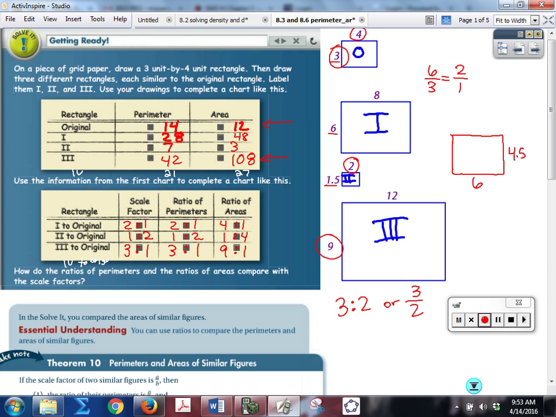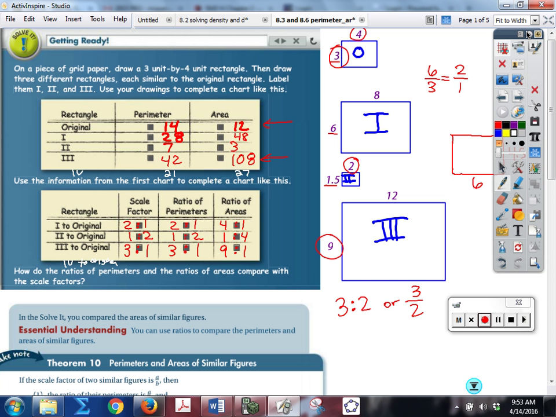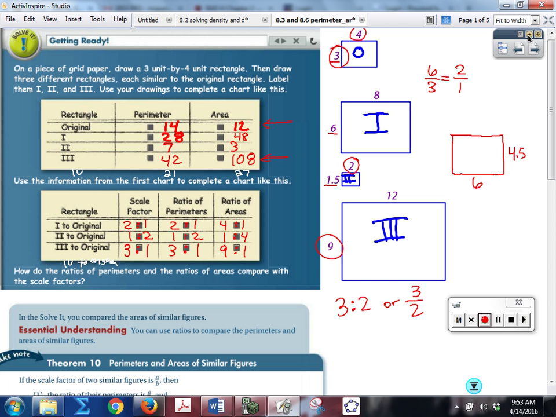So I have to do 6 goes with 4, right? So this reduces to 3 to 2. So right here, this is going to be 3 to 2.